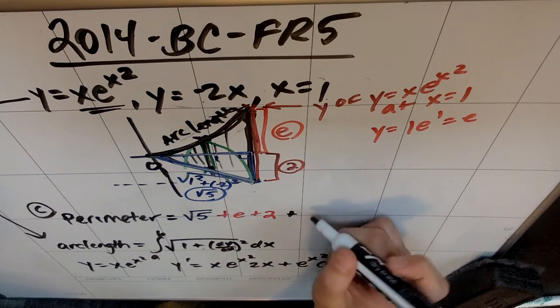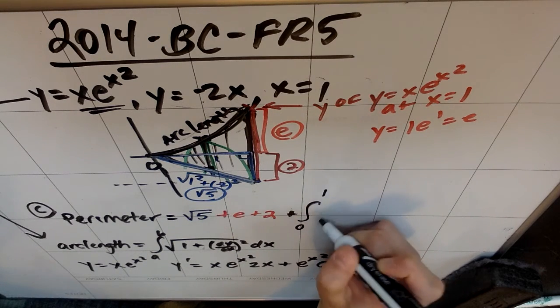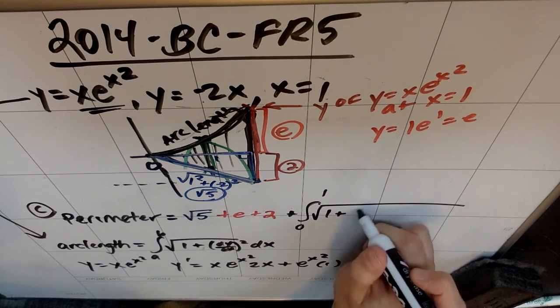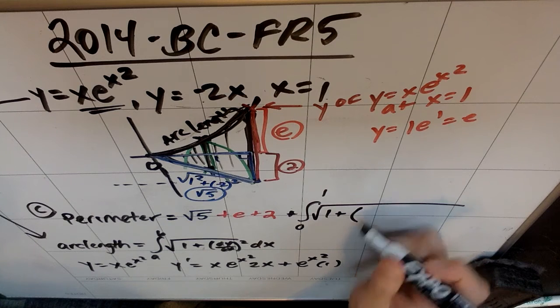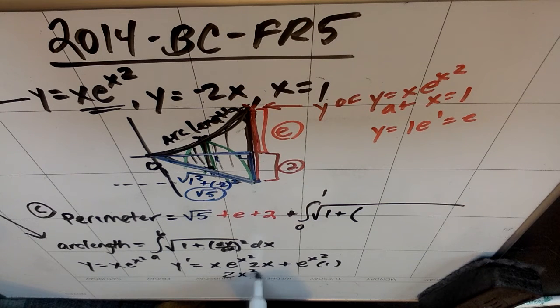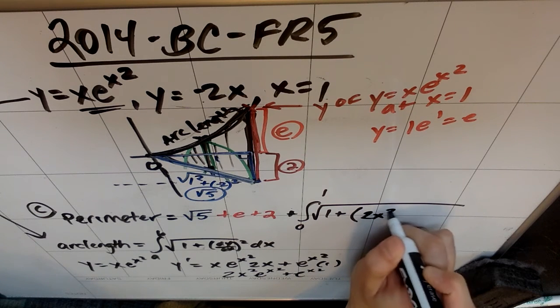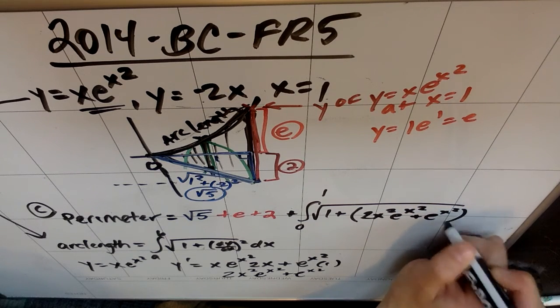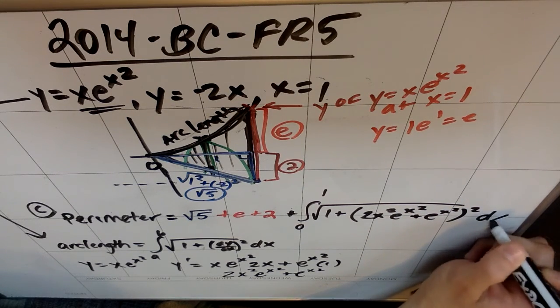So this piece is going to be the integral from 0 to 1 of the square root of 1 plus this ugly thing. Clean up if you want or don't, it doesn't matter. I'm probably going to make this a 2x squared e to the x squared, because it's a little bit nicer, plus e to the x squared. So 2x squared e to the x squared plus e to the x squared, quantity squared, with respect to x.